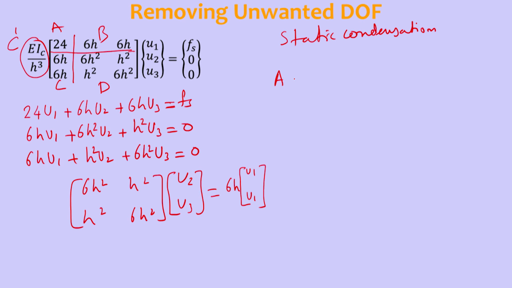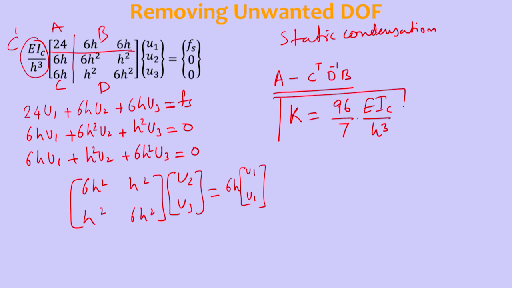So, A minus C transpose D inverse B. If we work out this matrix operation, we will finally get only this equation. The final equation will be that K equivalent is 96 by 7 into EI column by H cube. So this will be the equivalent stiffness after this matrix operation.